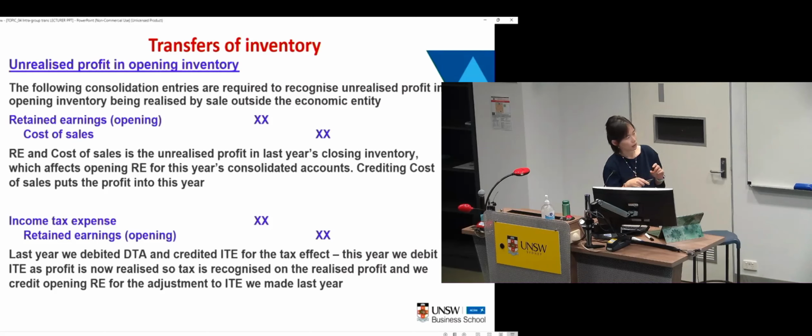And the credit to cost of sale effectively reduces the current year group expense and therefore increases the group profit for the current period. When group profit increases, income tax expense of the group should also increase. So basically the unrealized profit contained in opening retained earnings can be adjusted on an after tax basis, and will be realized in the current year. So you can see current year group profit increased through the adjustment of cost of sale and ITE.